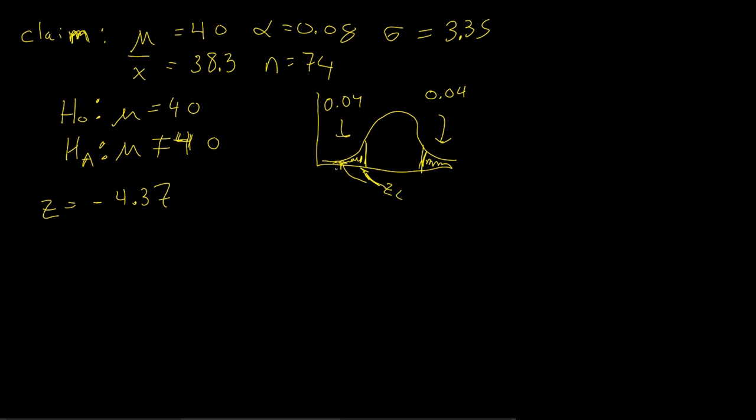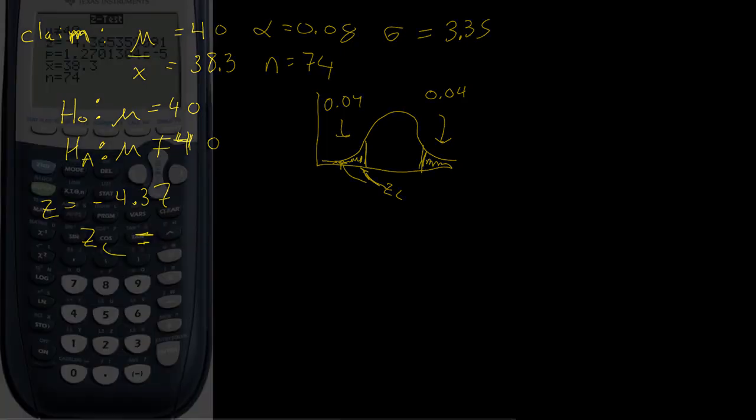Now to find our critical boundary, we have to notice that this is part of a normal curve, and we need to find the critical value here. So for z critical, again, we're going to use our calculator to find our critical value. I'm going to hit second, distribution, and we want the inverse of a normal.